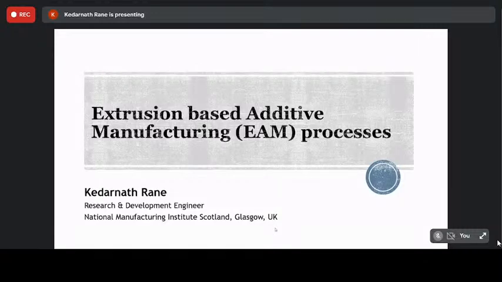As we know, the common terminology 3D printing is very much applicable for polymers or plastics, but the same kind of extrusion-based system can be implemented for metals and ceramic powders. I am currently not working in this domain because I am involved in other aspects of manufacturing, particularly digitization and sustainability. But this is based on my past experience and my past research work.